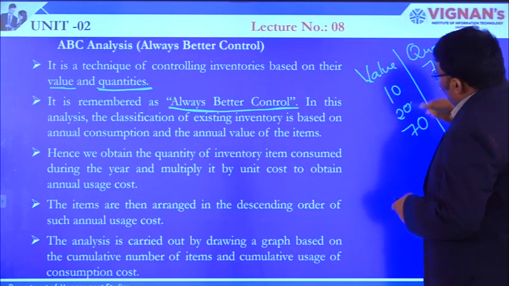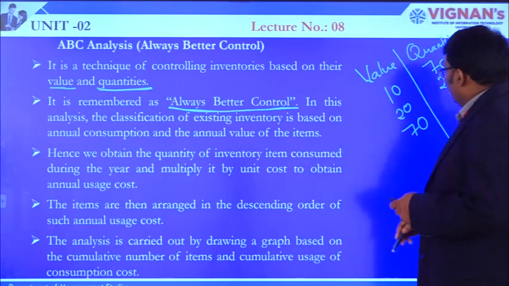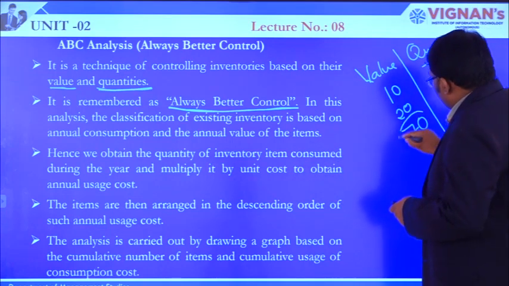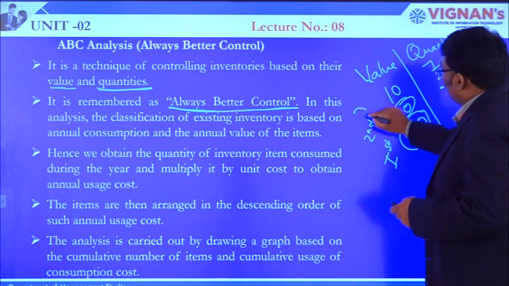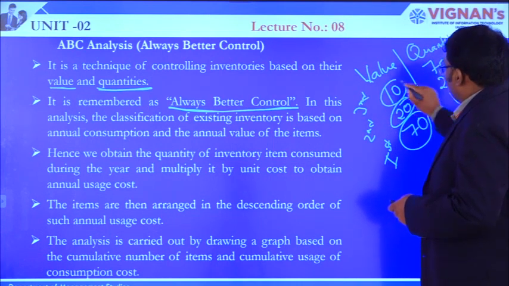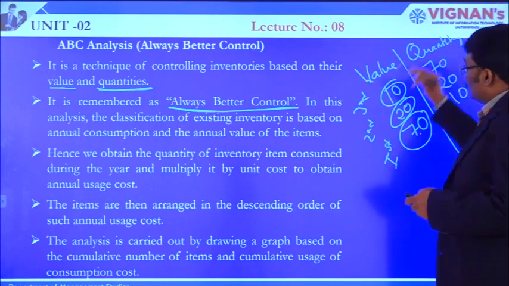According to the importance of the organization, they give the first importance to this, the second importance to this, and the third importance to this. That is the order they follow.